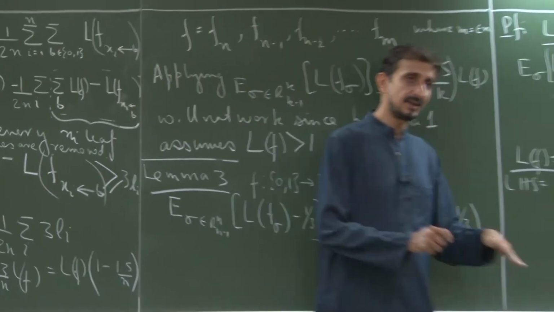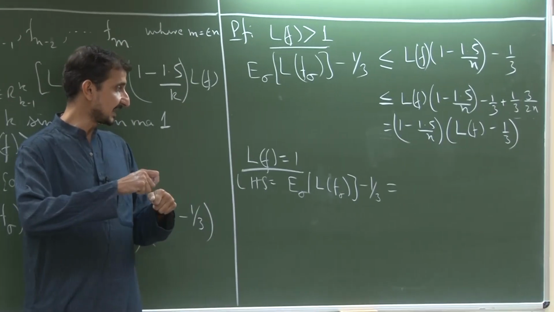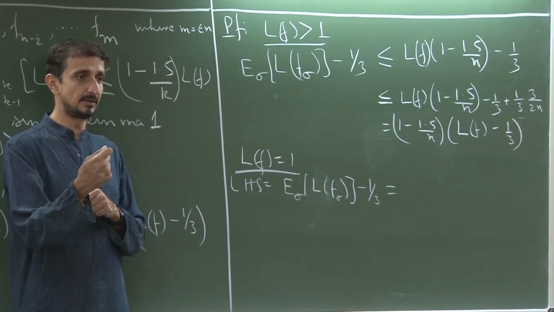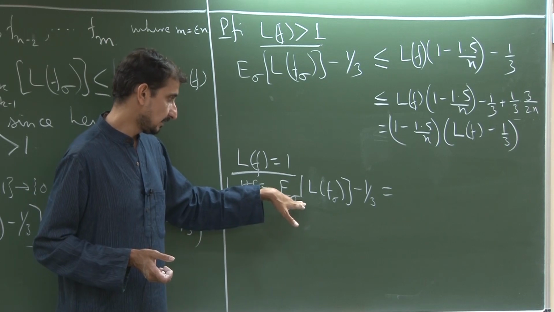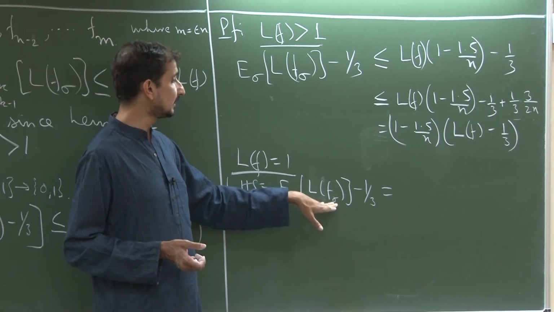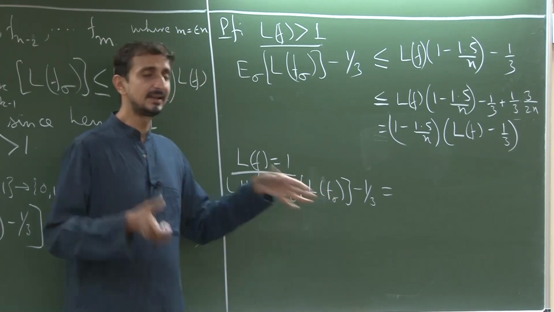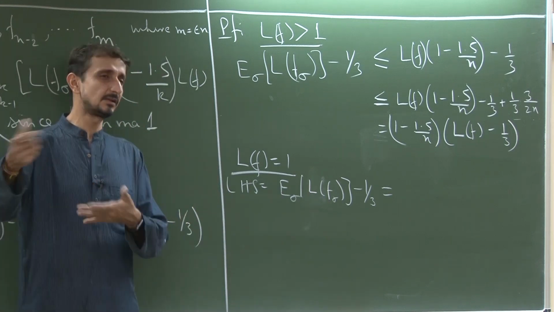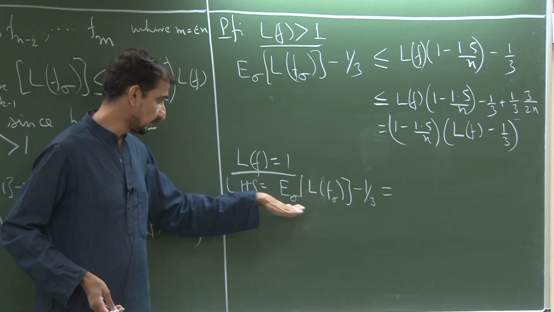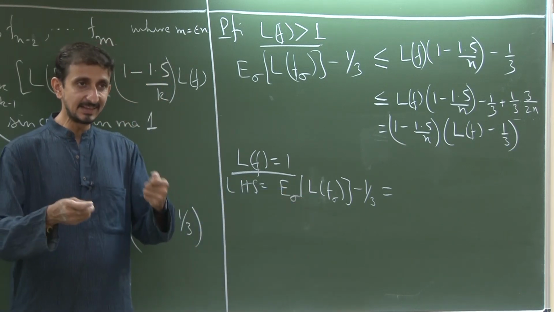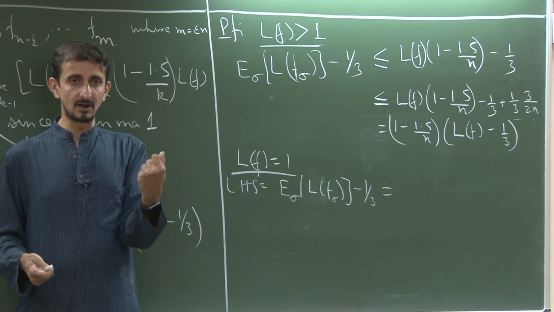It means that if I assign some value to that variable, only then the size of the formula decreases. If I assign a value to some other variable, the size of the formula remains the same. Okay. And I am looking at the expectation. So, the probability that I pick that particular variable is 1 over n.